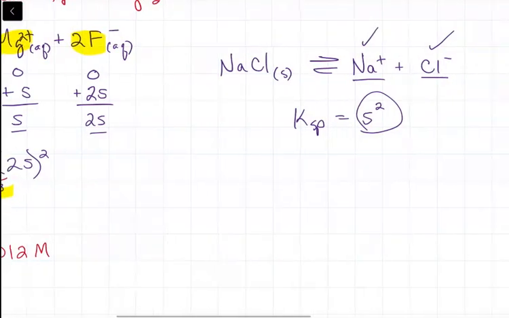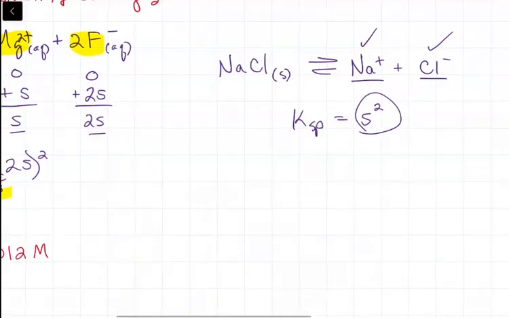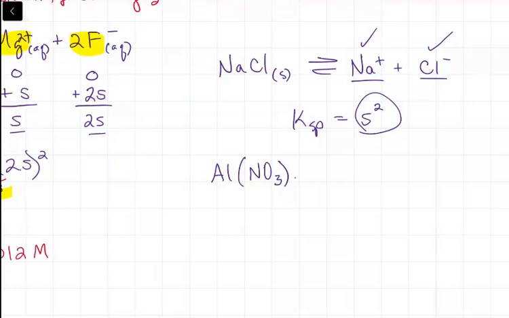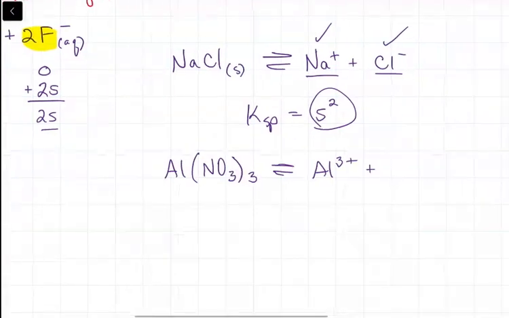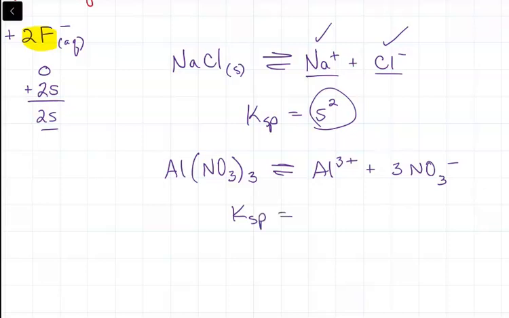Anytime you have, let's say 4, like let's say you have aluminum nitrate. We're going to get Al3 plus and 3 NO3 minuses. So your Ksp would be the concentration of Al3 plus times the concentration of NO3 minus to the third.